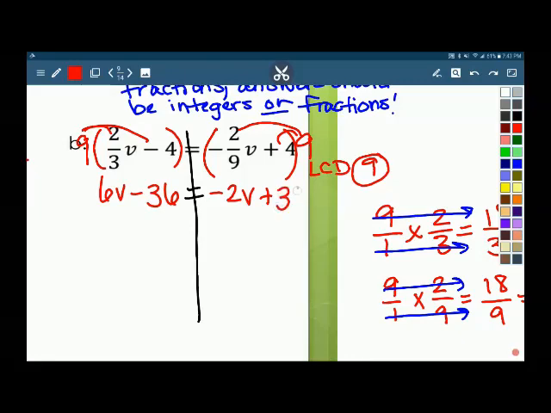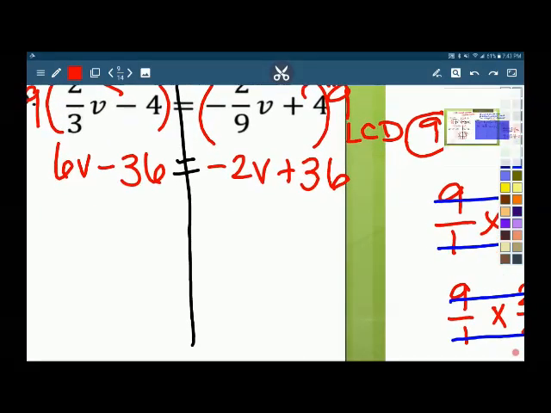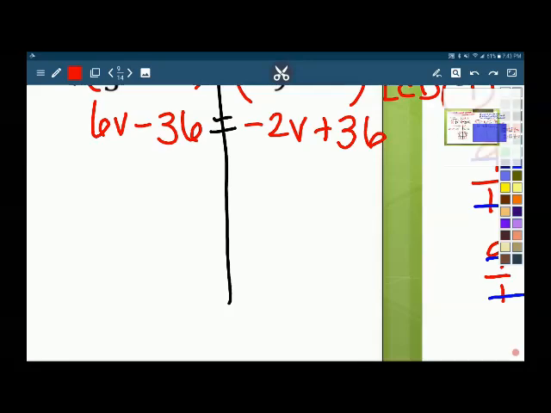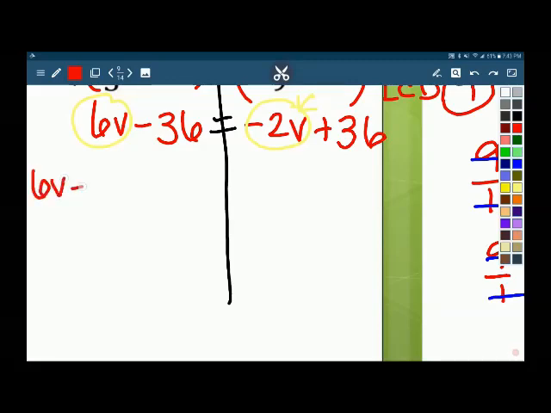So plus 36. And now we're back to one of the problems that we've been solving throughout this entire lesson. So I need to first get my variables together. Here are my two variables. The smaller of the two is the negative 2. So I'm going to move that one by scooting everything on the left side over. 6v minus 36 is equal to negative 2v plus 36.